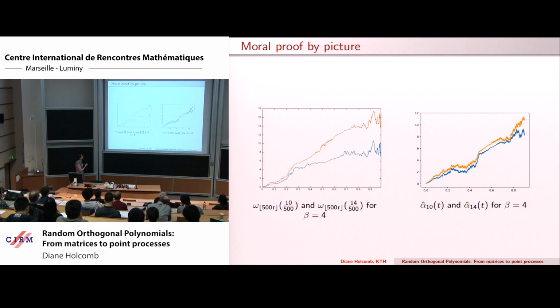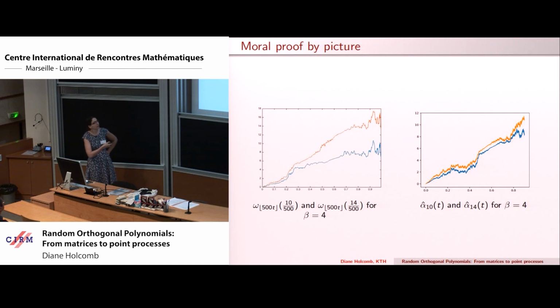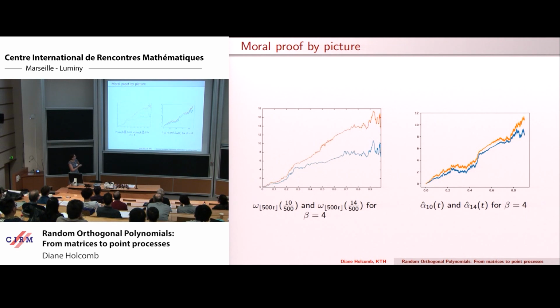So here's the omega. This time I've done n equals 500, and I'm evaluating at 10 over 500, so this would be like running it with x equals 10, and 14 over 500, so that's like x equals 14, or lambda, whatever we're calling the variable at this point. And I've done the same thing over here, except that this is not the discrete picture. This is now running that alpha hat diffusion with the lambda values 10 and 14.